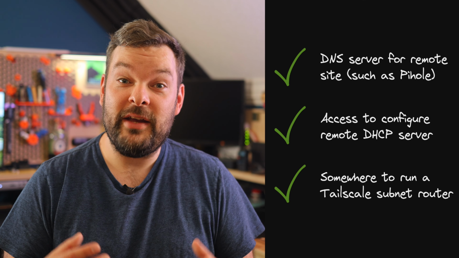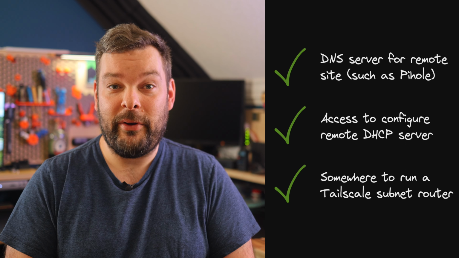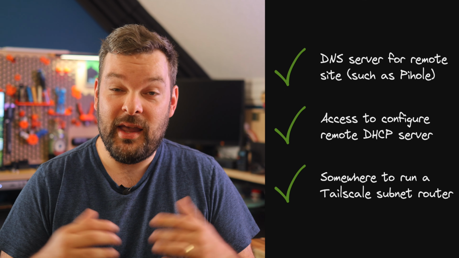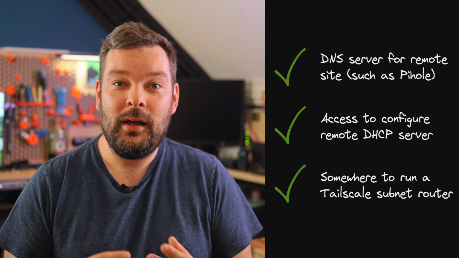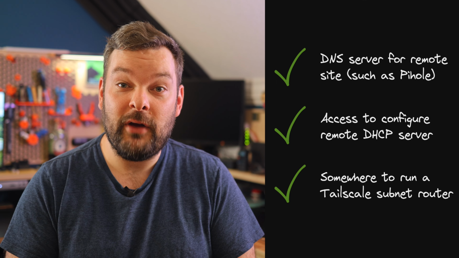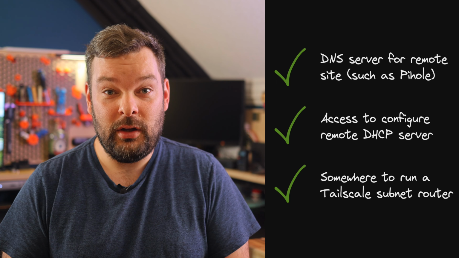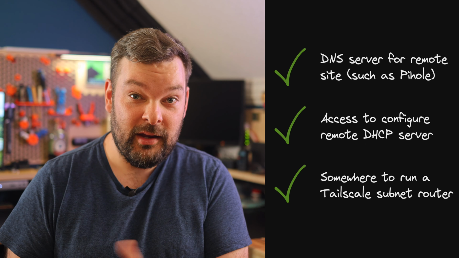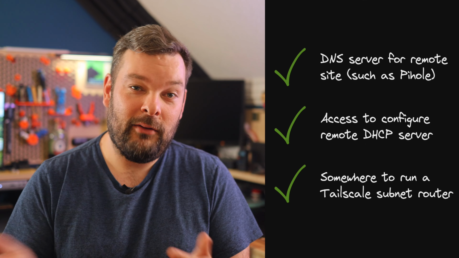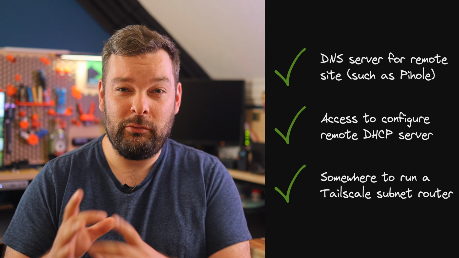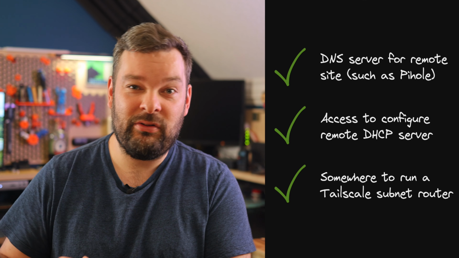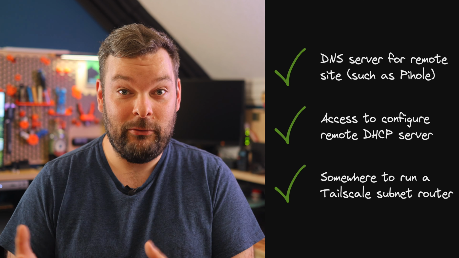We're also going to need a way to run a subnet router in the remote network. In my case, if it's at all possible, I will run this on the OPNsense firewall. Now, if that isn't an option, I'll try and carve out a VM somewhere. And if that's not an option, I'll find something like a Raspberry Pi or a really small low power device I can just throw in the corner and install Tailscale on that.